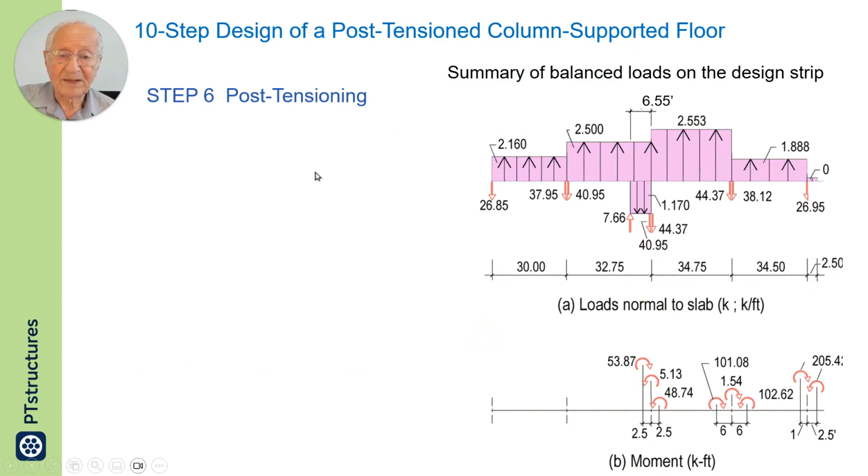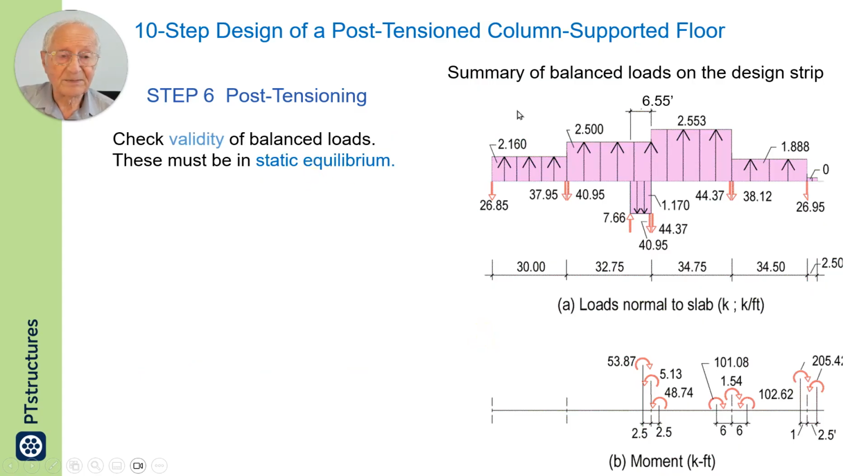Next, I set up the balanced load. The balanced load is the load that the post-tensioning applies to the member. It consists of up and down forces, down force at the tendon ends, upward force over the continuation of tendon, and also it has bending moments.